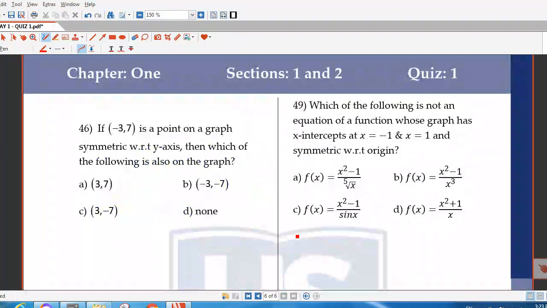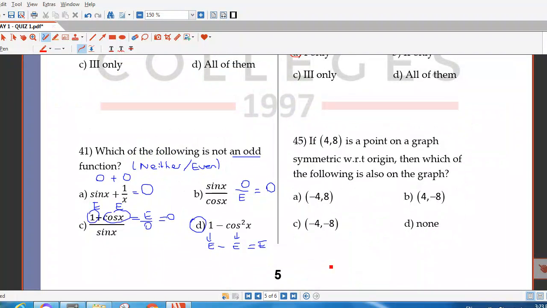Question 45. A point is given, and if it is on a graph which is symmetric with respect to origin, which means an odd function, which of the following points is also going to be on the same graph? If we remember the coordinate plane, they are the quadrants.